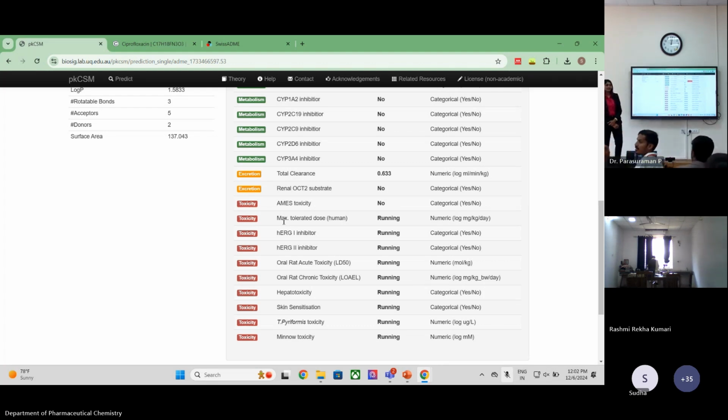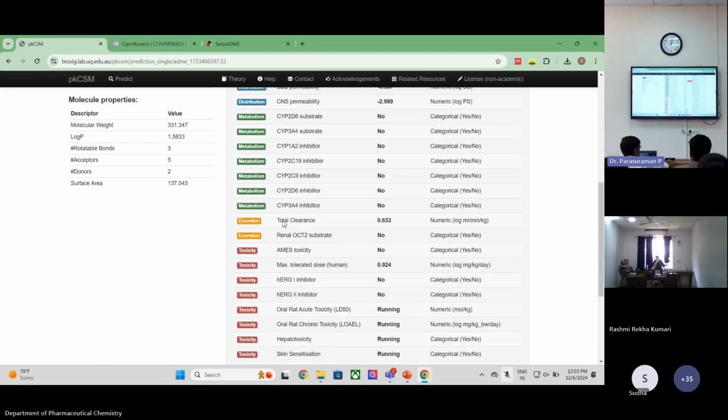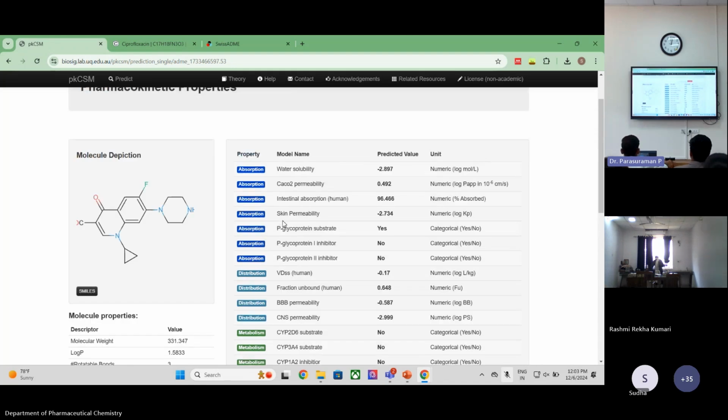Yes. After running, we get different types of parameters. So in a research paper, what factors do we need to consider for publication? Okay. Generally, you can give what is very important. Like if it is crossing the blood-brain barrier, as I told, and even the CNS permeability you can give.